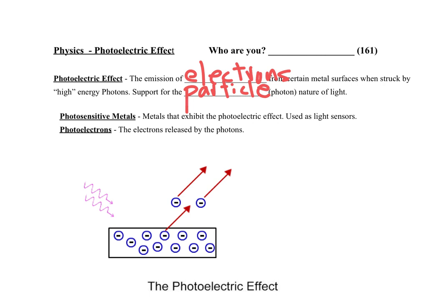They use these things in light sensors for turning your lights on at night, or like those blinking orange road hazard lights that come on at night. Bottom line, there's a sensor in there, and during the daytime you have photons from the sun hitting the metal surface inside the sensor, electrons are ejected, so it knows not to turn the light on.